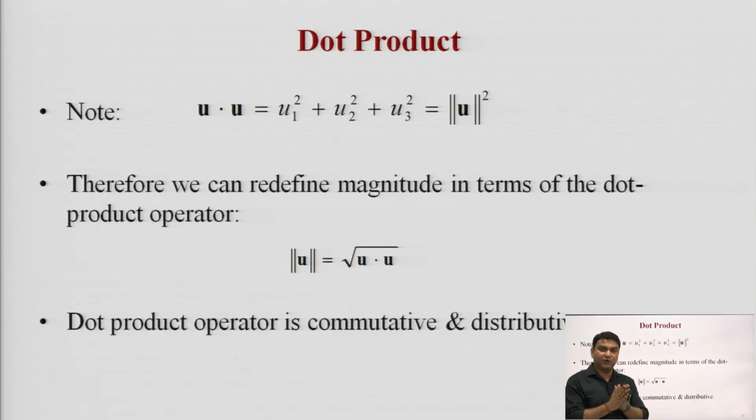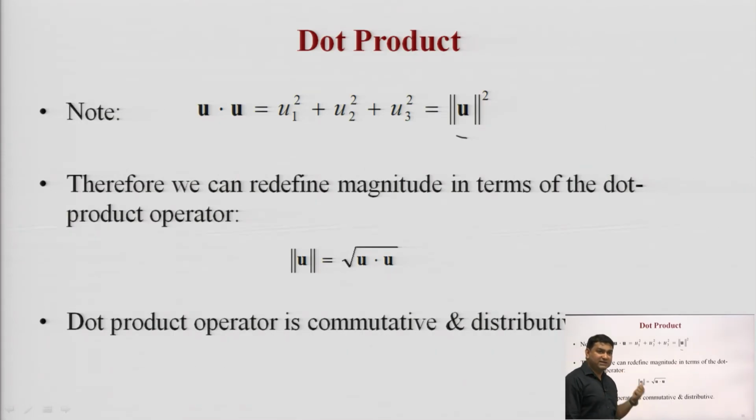Then the product can be given as u into u into cos 0. Since cos 0 is equal to 1, the magnitude of vector u multiplied by the magnitude of vector u comes to u square only. This is a very important thing which will be used very frequently in the next lectures.